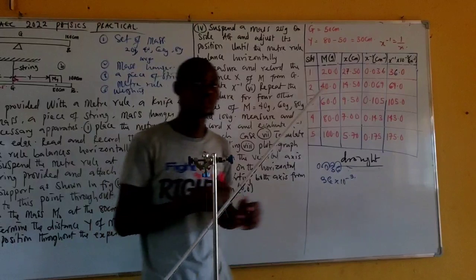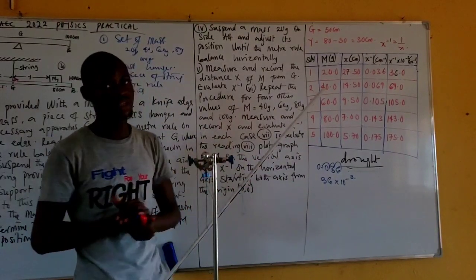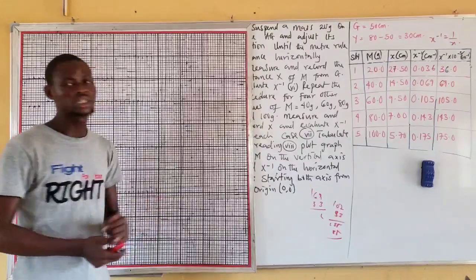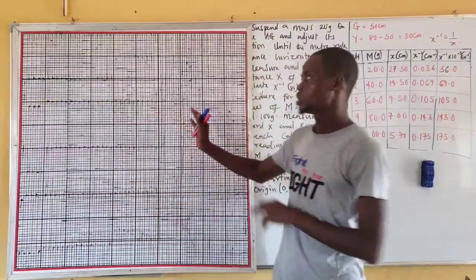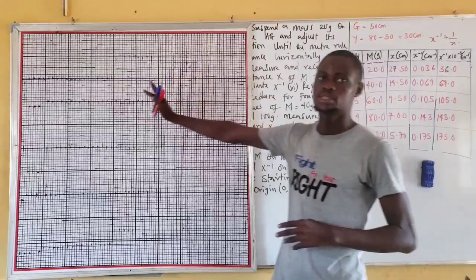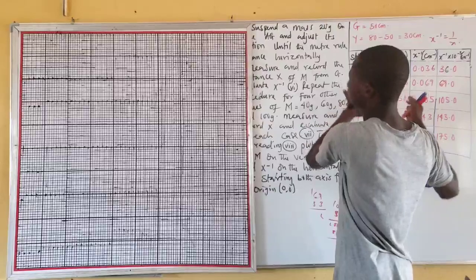I will be showing you next how to plot the graph of this table. Now we are going to be looking at how to plot the graph. As you can see on the board, we are given a complete physics graph board to plot the graph of this table here.